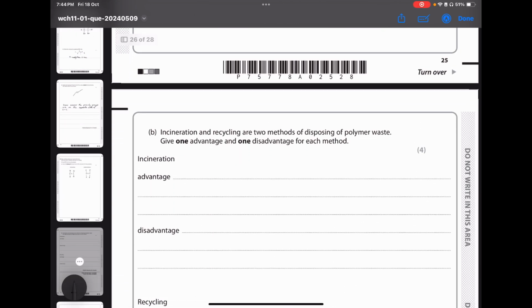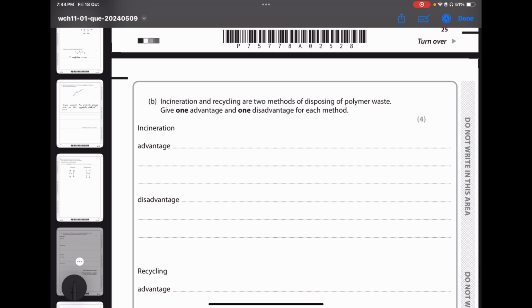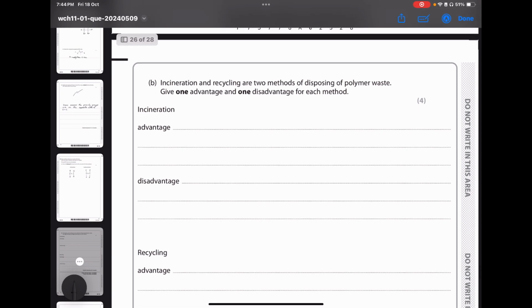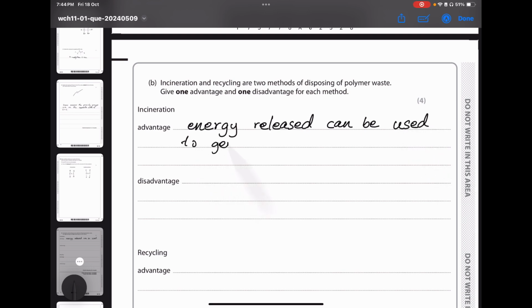Next, incineration and recycling are two methods of disposing of polymer waste. Give one advantage and one disadvantage here. So incineration has an advantage, which is that the energy released can be used to generate electricity, right?